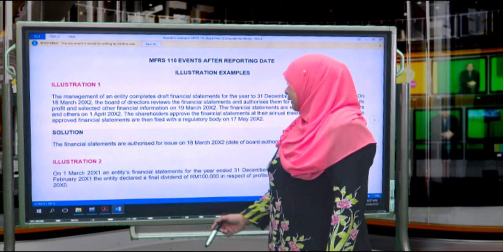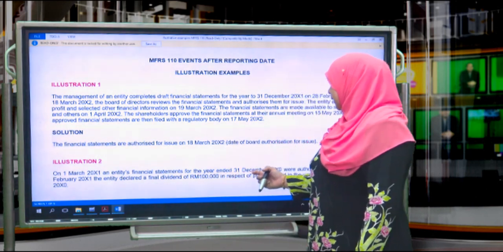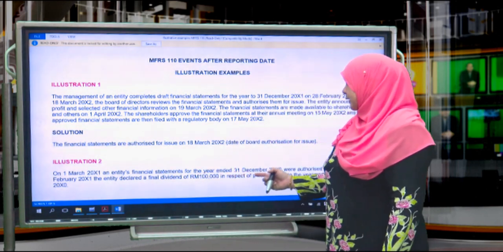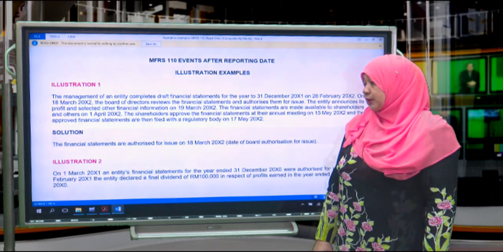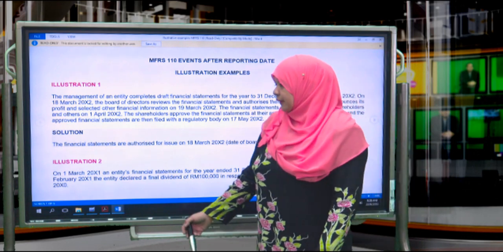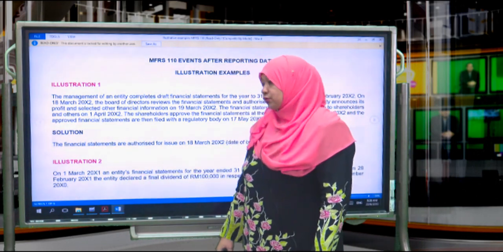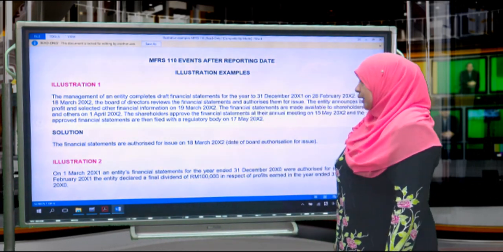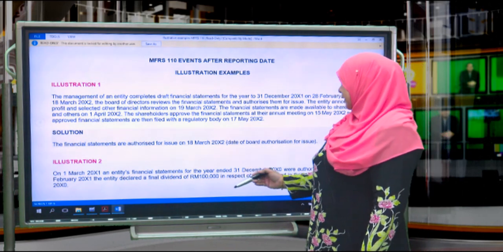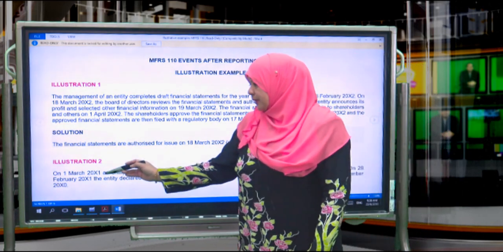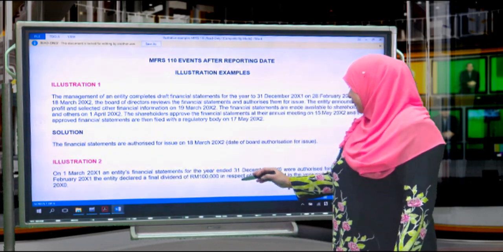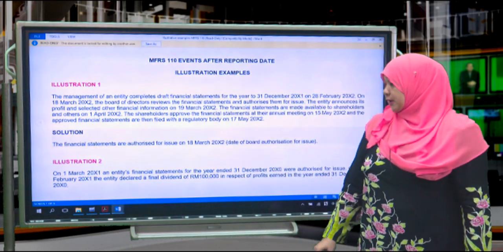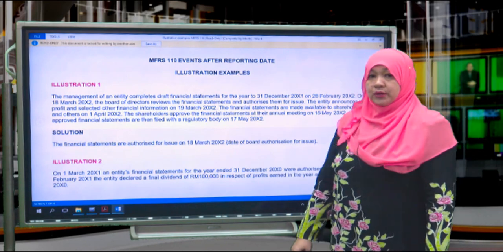If you can see here, the company's financial year end is 31st December 2000, however, the financial statements were authorized for issue on 1st March 2001. And in between 31st December 2000 and 1st March 2001, the company declared a final dividend of 100,000 in respect of the profits earned for the year ended 31st December 2000.